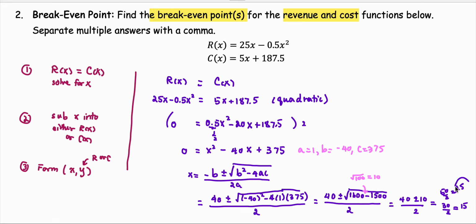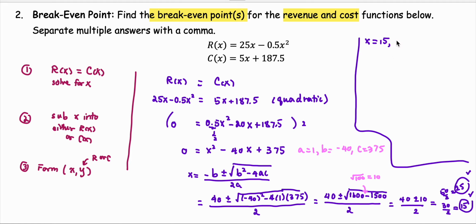So now we have two x values. Remember, x is the number of items produced or sold, so it must be positive. We keep both of them because they both make sense. Since we have two solutions, I'm going to find out if x is 15, what y is going to be.